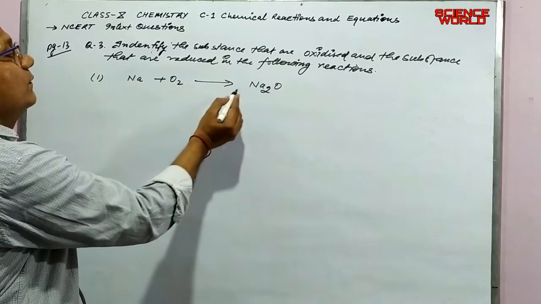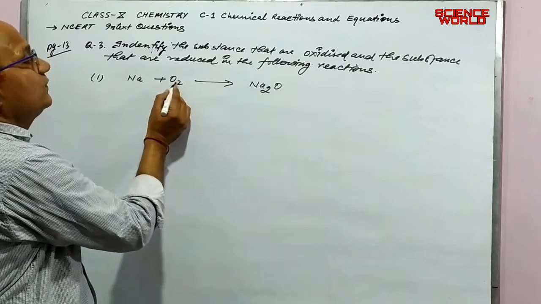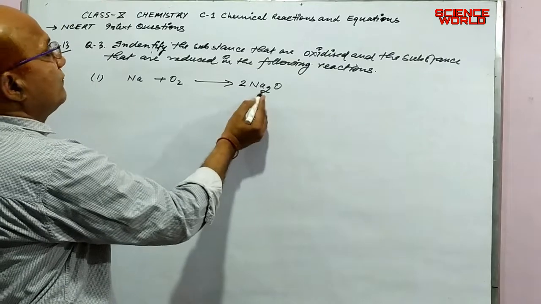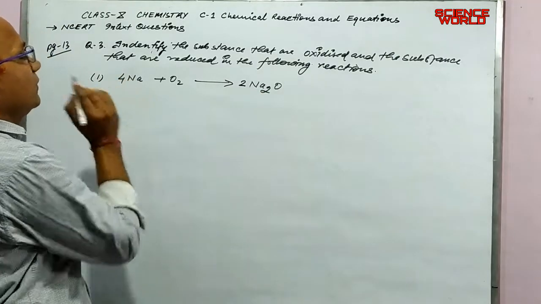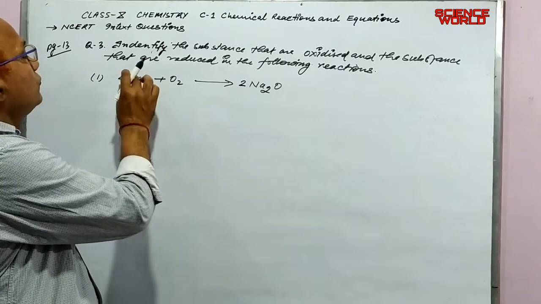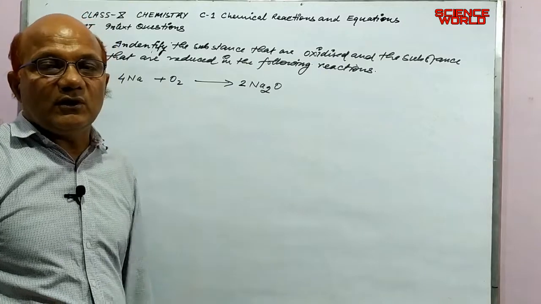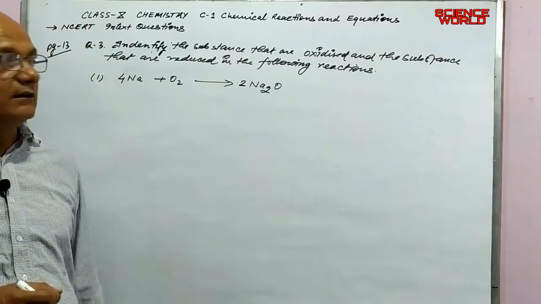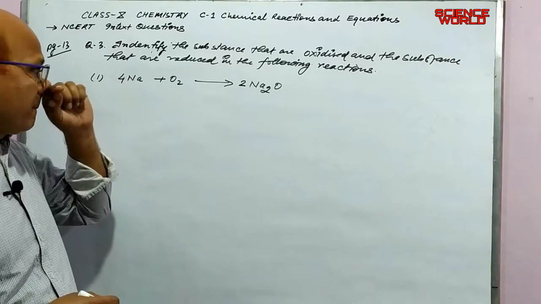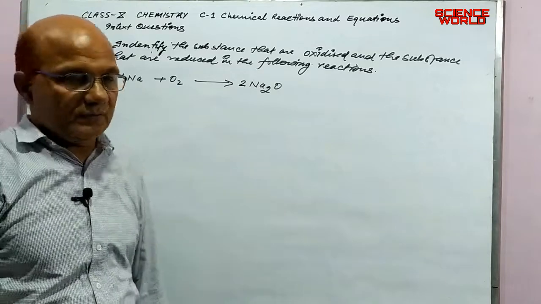O2 has two oxygen atoms, here there is only one oxygen, so multiply it by 2. 2 2s are 4, so multiply Na by 4. Now this reaction is balanced also. Sodium, when it reacts with oxygen, forms sodium oxide. In this reaction, you have to find out which substance is oxidized or reduced.